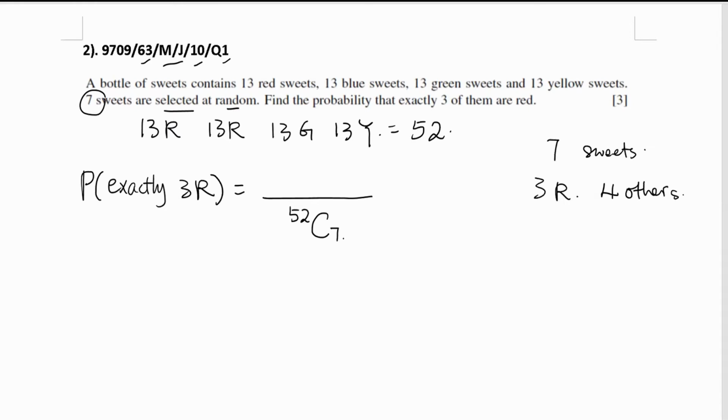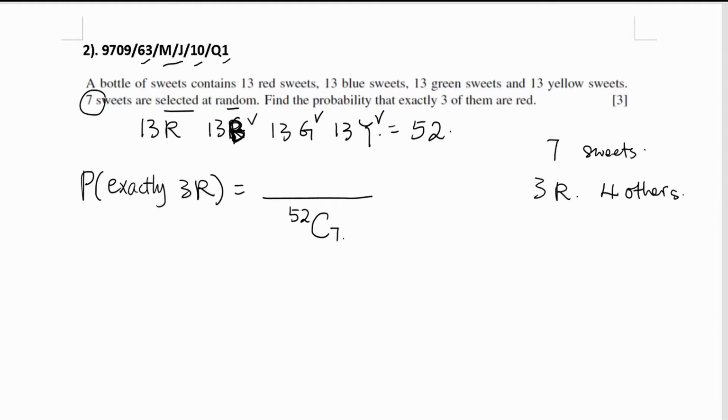Since the question emphasizes that we must have 3 red, the other 4 sweets can be blue, green, or yellow. It doesn't matter. Important: out of 7 sweets, there must be 3 red and 4 other colors.